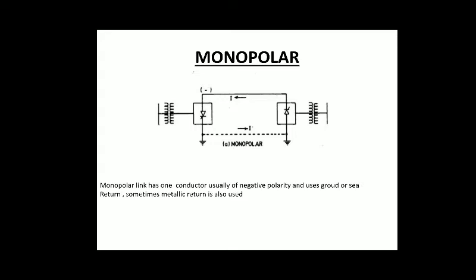And what is monopolar? On the extreme left and on the extreme right we have two bus bars, and those two bus bars are connected to the DC link in between with the help of a transformer.